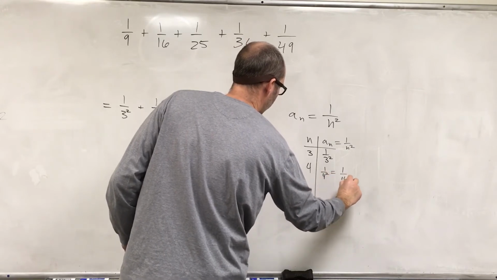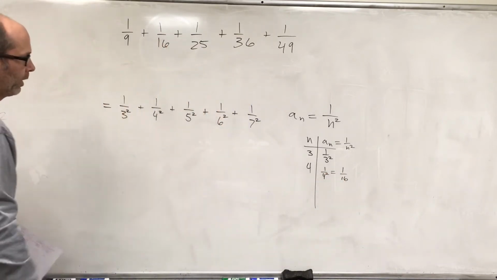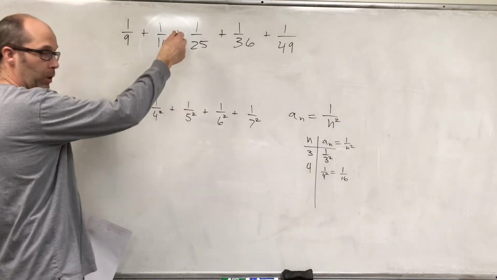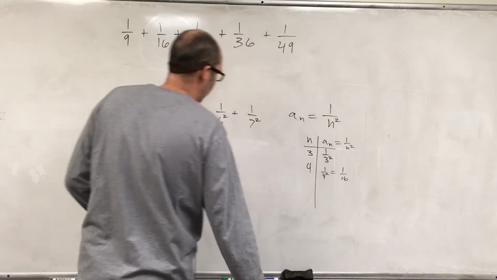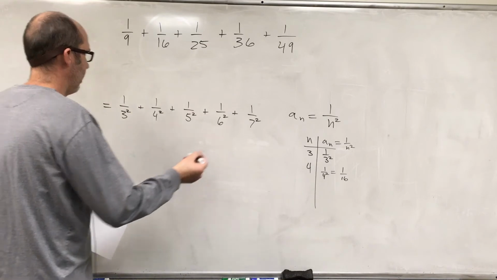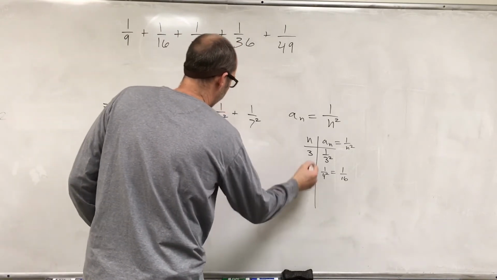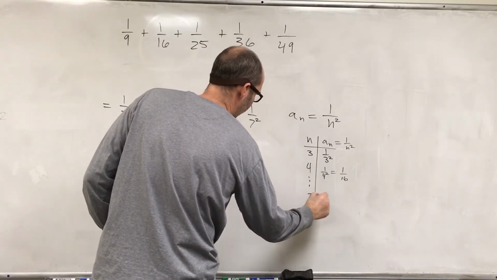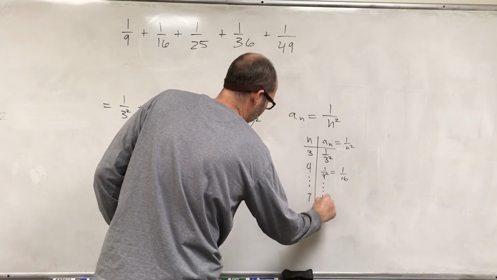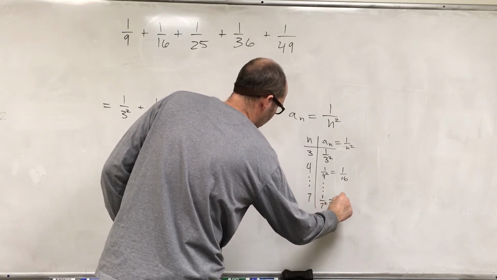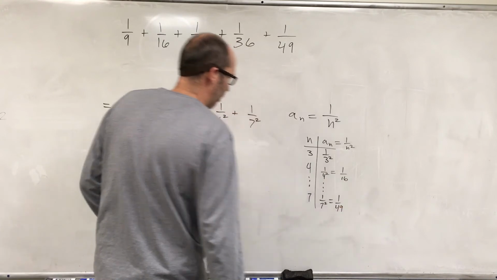That's 1/16, which is exactly what we have right there. Okay, so you can keep doing that if you want to make sure. Nothing wrong with that at all. All right, so notice that I would keep doing this up to n equals 7 to get 1 over 7 squared, which is 1/49.